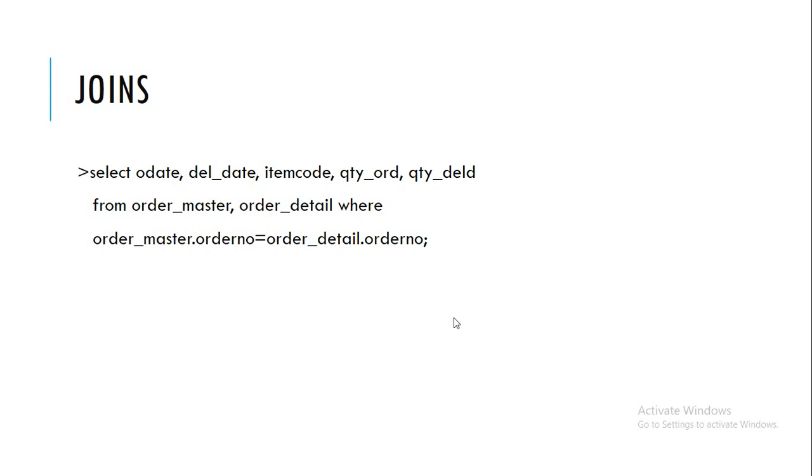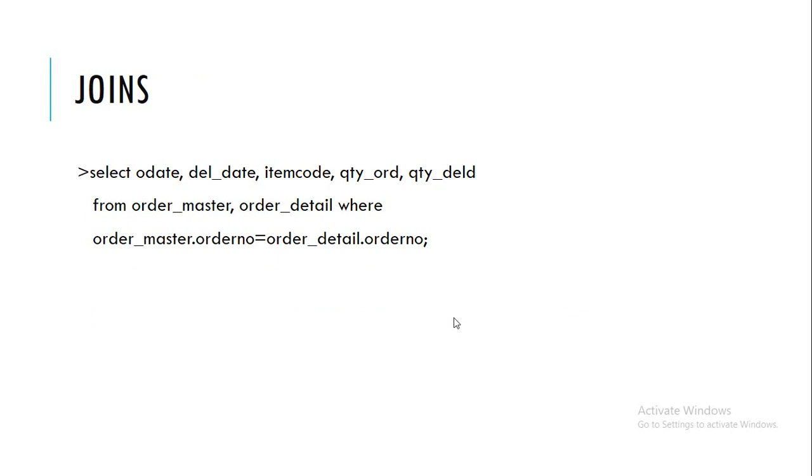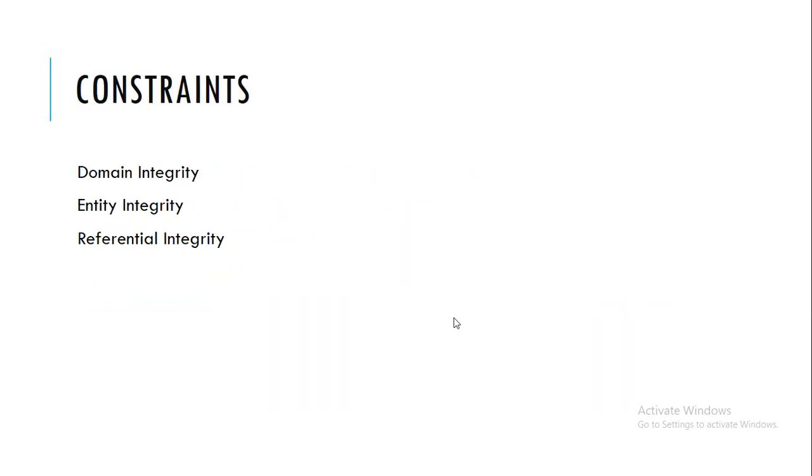It is easier to retrieve, and data modification errors are minimized. That concept is constraints, like domain integrity, entity integrity or referential integrity.